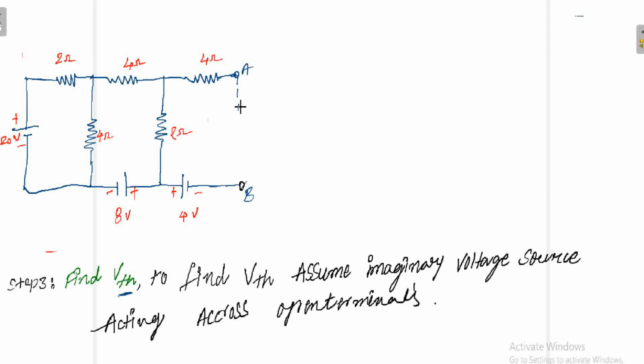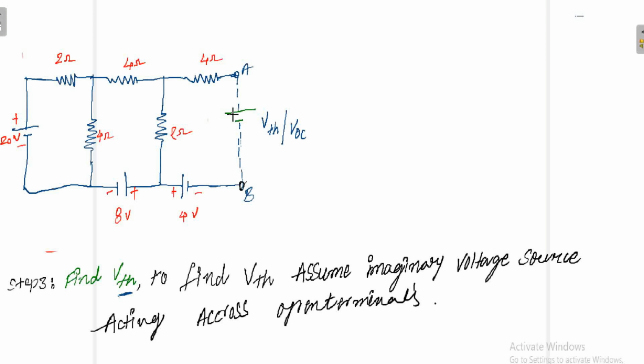Here I am assuming one voltage source across these terminals, and I am giving it the name VTH. You can also call this VOC, the open circuit terminal voltage.